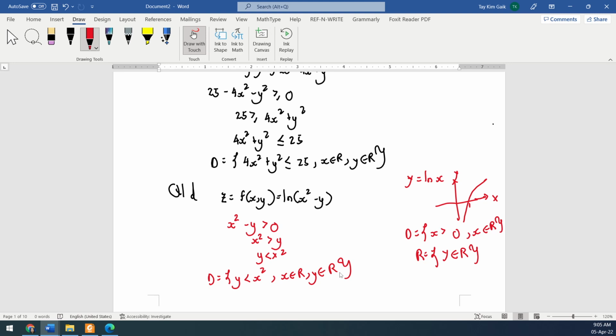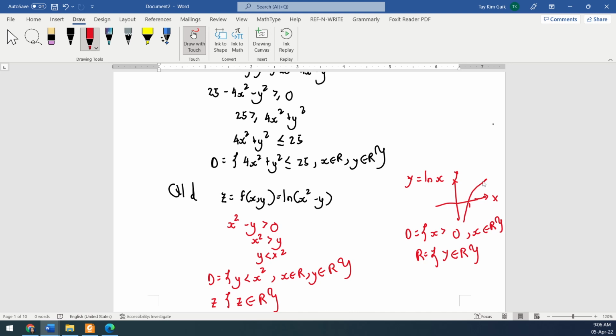Okay, and then the range. Range follows the same thing. For an ln function, the range is the real numbers. That's why here the range of z is also real numbers. Basically, for a function of two variables, you can try to make the analogy with a function of one variable, because for a function of one variable you can sketch the graph easily.